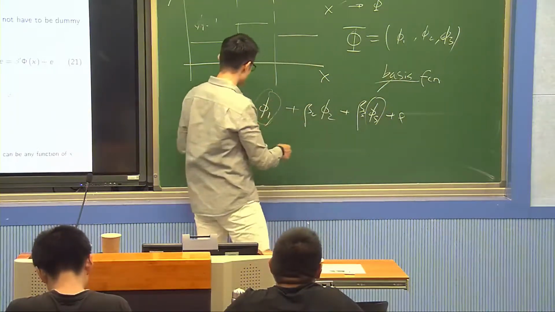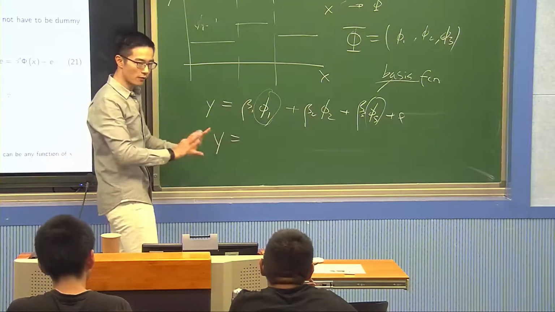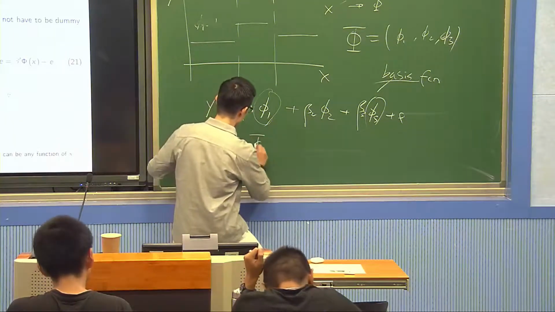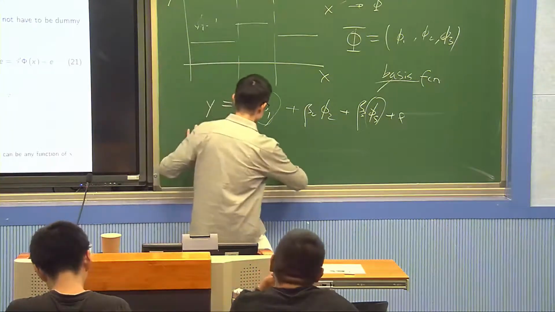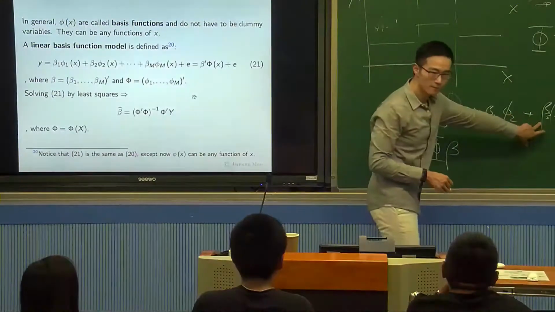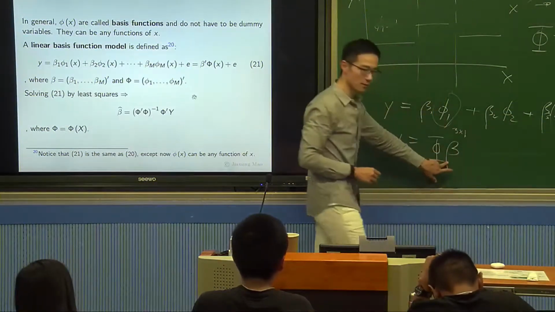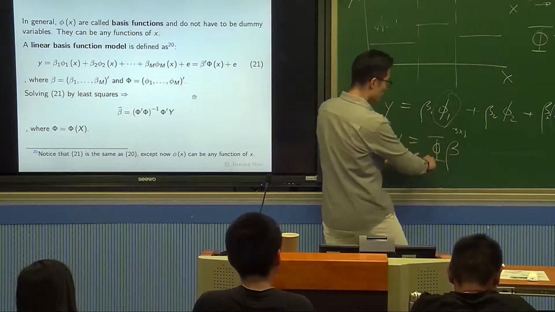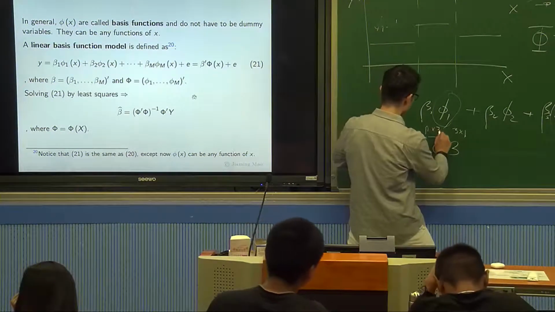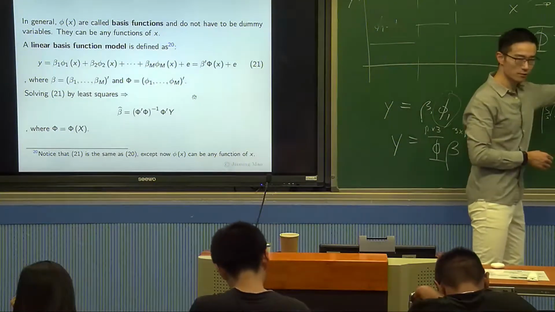Then, essentially, I can write this model in a very familiar form, which is this large phi, okay? And beta, right? This beta is basically beta 1, beta 2, beta 3. This is 3 times 1 in this case. And this large phi will be n times 3, okay? Because there are n data points.